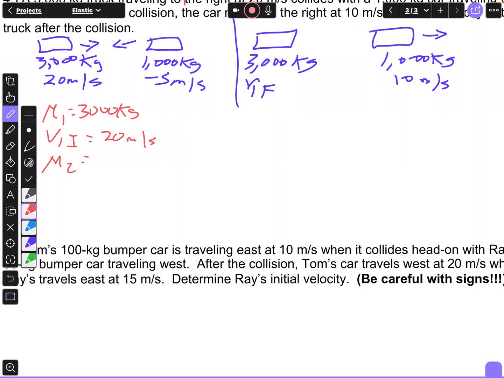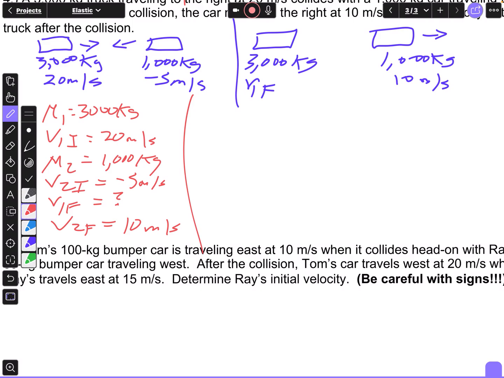M2 equals 1,000 kilograms. V2I, its initial velocity, is negative 5 meters per second. And then V1F is my unknown, what I'm looking for. And V2F is positive 10 meters per second.